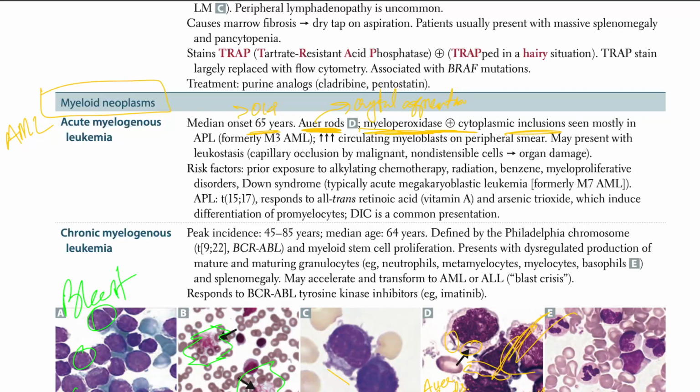So where do these rods come from? That's the question I'm trying to answer. They are crystal aggregates of MPO. What is MPO? Myeloperoxidase. So myeloperoxidase forms the Auer rods. So myeloperoxidase positive, Auer rod positive, in the myeloid neoplasm AML.